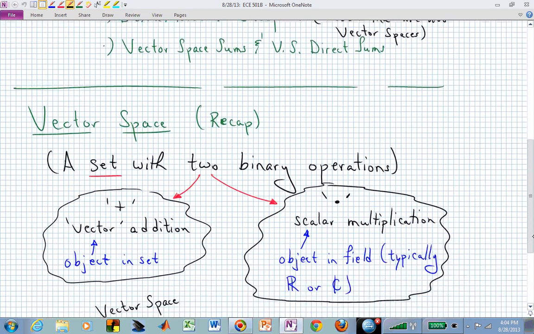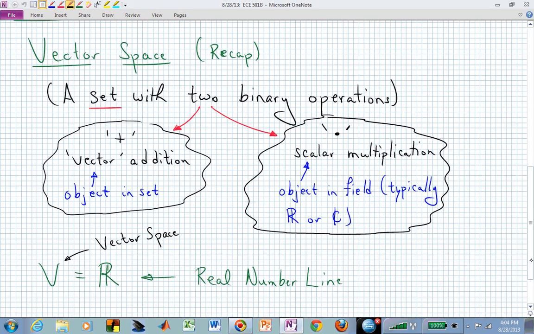Where were we? This is hopefully what we talked about last time in a graphical depiction. We talked about a vector space. This is a review or a recap. Again, that is just a set of objects with two binary operations.